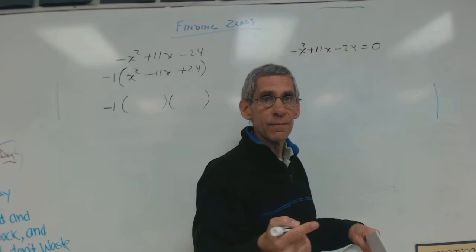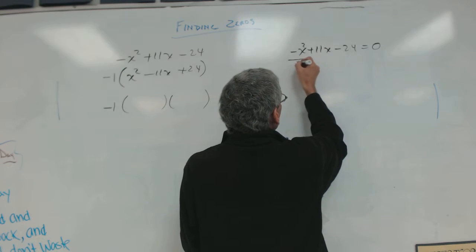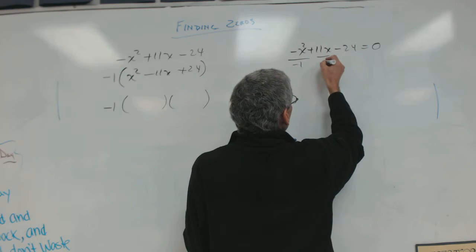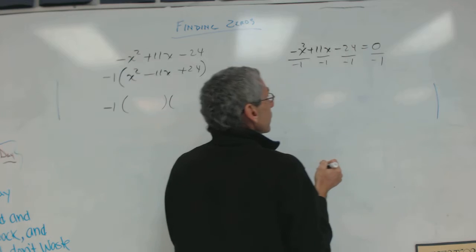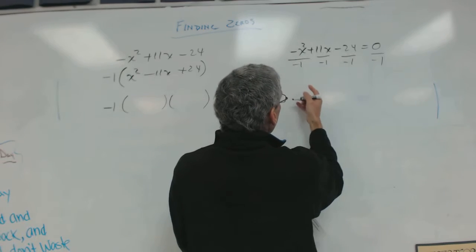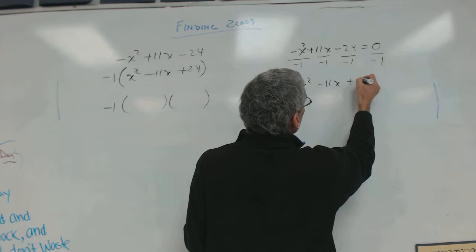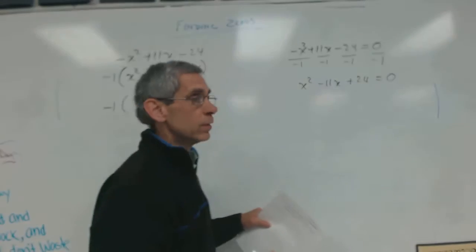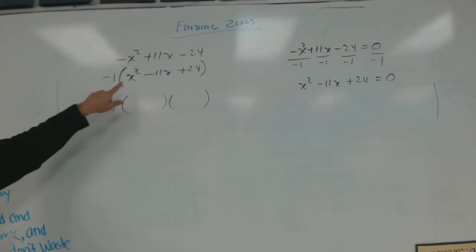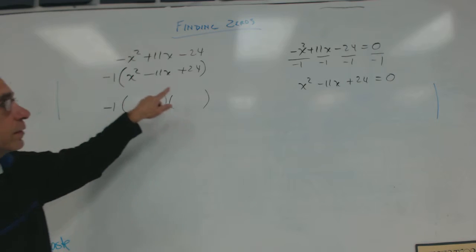Does that make sense? I'm going to divide this by negative 1, this by negative 1, this by negative 1, this by negative 1. And all I have now is just x squared minus 11x plus 24 equals 0. So I have the same thing, except I don't have to deal with that doggone negative 1 anymore. Do you see what I'm saying?